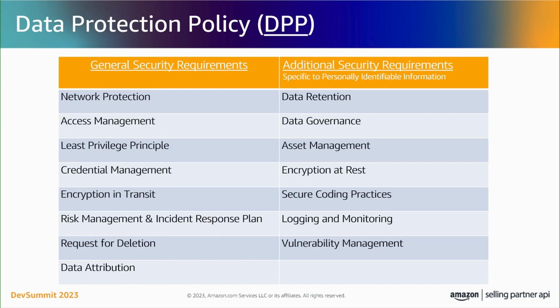Our data protection policy covers more technical areas, ranging from the receipt, storage, transfer, and processing of any of the customer data you've obtained through Amazon APIs. This collection of requirements is driven through various industry standards. I won't go through all of them. You might be familiar with NIST, ISO, PCI, basically a huge alphabet soup of security standards.